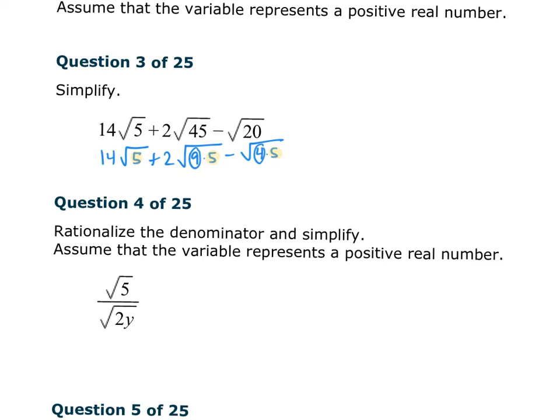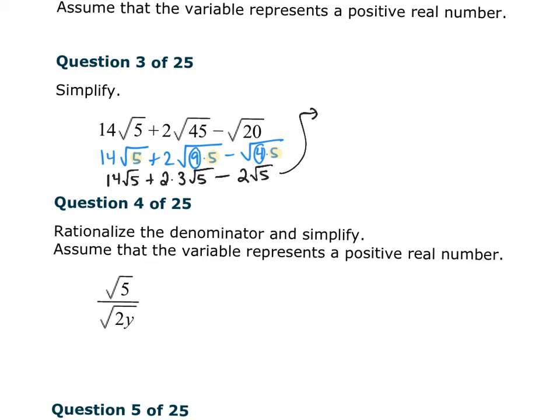So now I just need to simplify it. Alright, so 14 root 5 stays how it is. I'm going to get 2 times the square root of 9 is 3 root 5, minus, okay, the square root of 4 is 2 root 5.